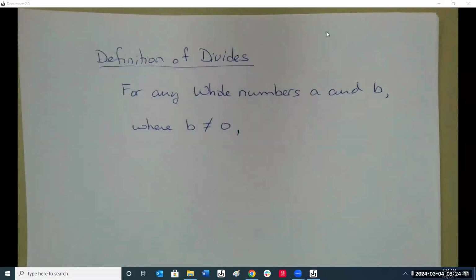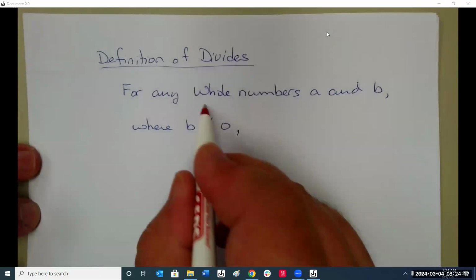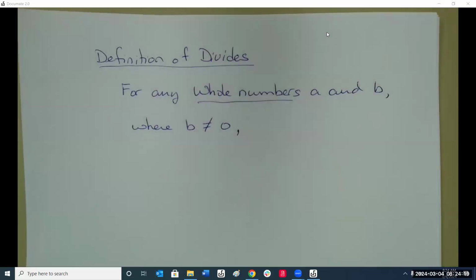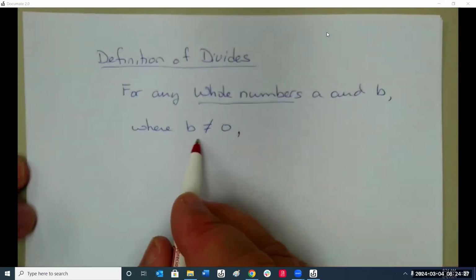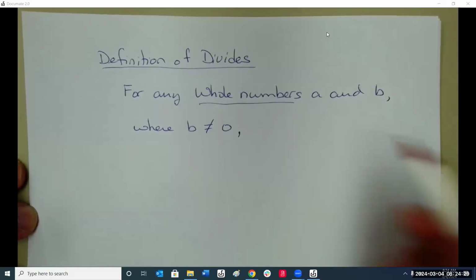Why is that important? First off, what is a whole number? 0 to infinity. So any number from 0 to infinity where B is not equal to 0.